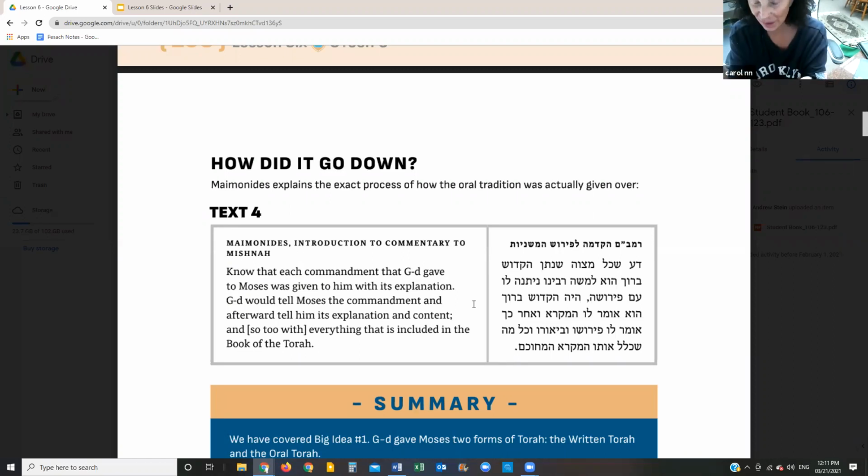Before Moses came down with the tablets, they knew the oral Torah, correct? Is that why he got angry because of what they did? But they already knew it was wrong before he came down with those tablets.